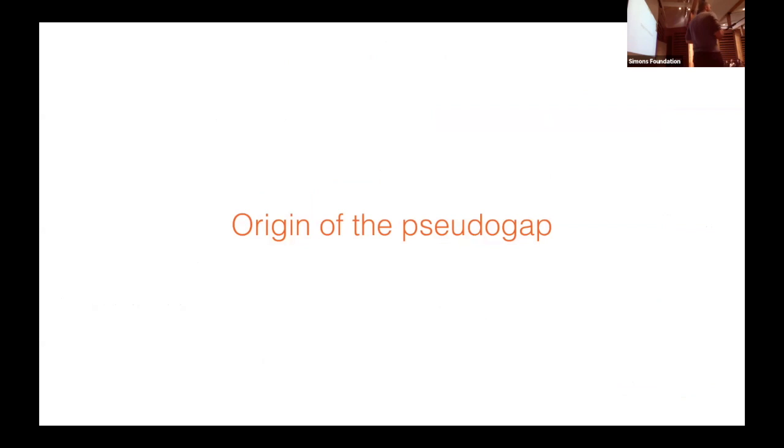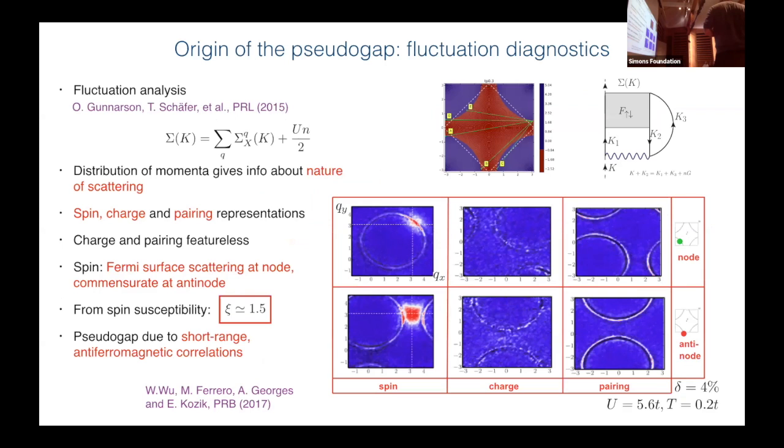Now, what about the origin of that pseudogap? Those were diagrammatic Monte Carlo results, and now for the rest of the talk, it will be a lot of DCA, 8 sites or 16 sites. So we did a fluctuation diagnostics. This is something that was first done by Oleg Gunnarsson and Thomas Schäfer on DCA calculations, but we did it with a finite K resolution here.